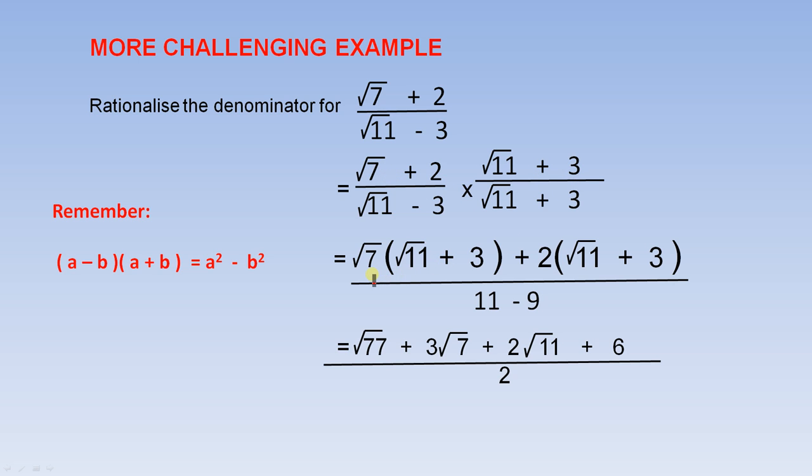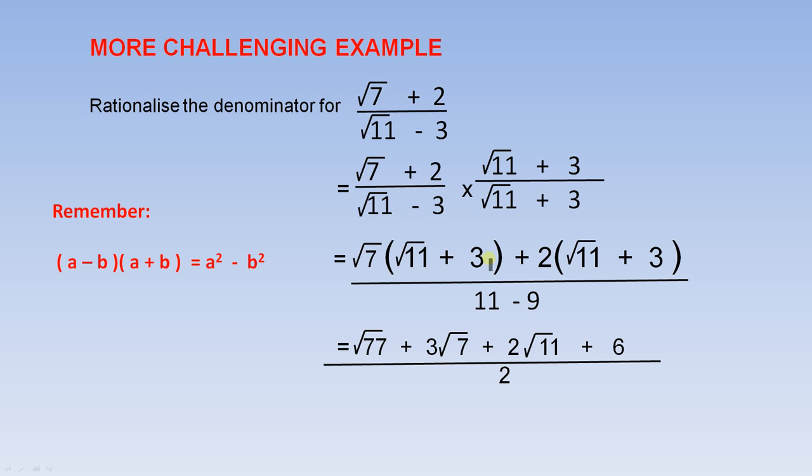That's the square root of 7 outside of the square root of 11 plus 3 plus 2 outside of the square root of 11 plus 3. Now, the denominator is, you have a minus b times a plus b, which is a squared minus b squared, which is 11 minus 9.